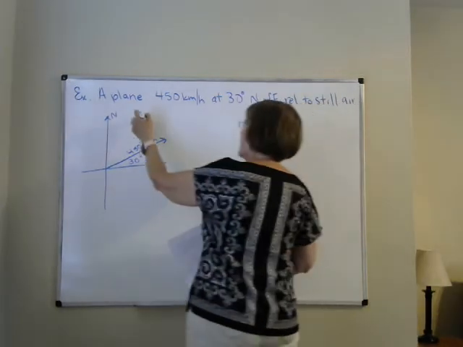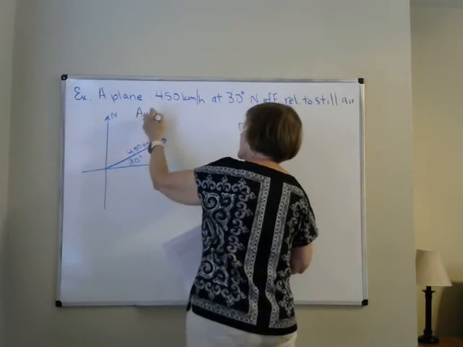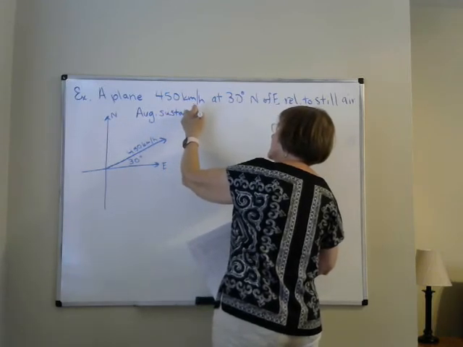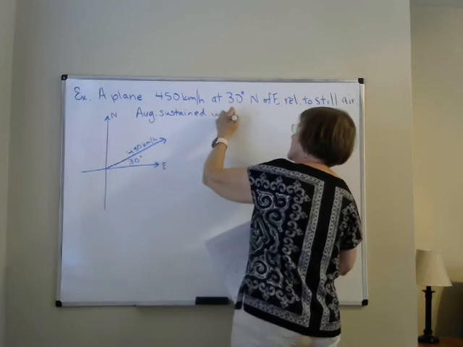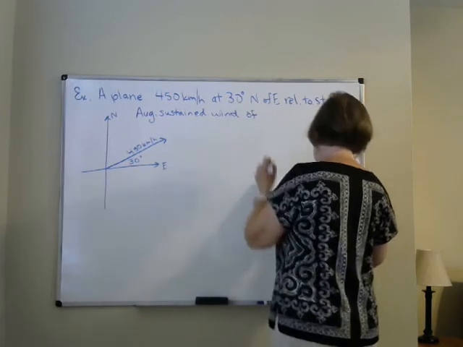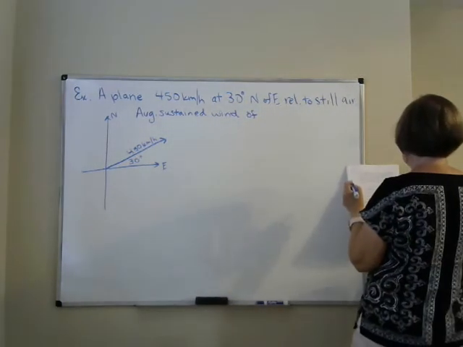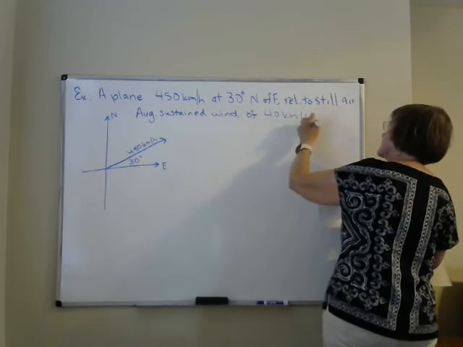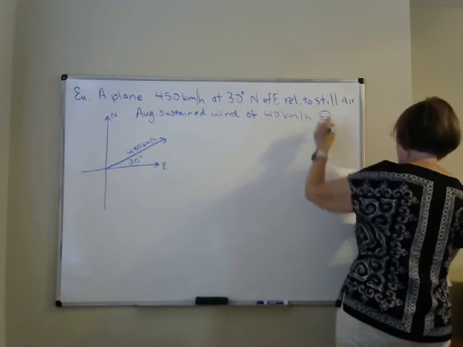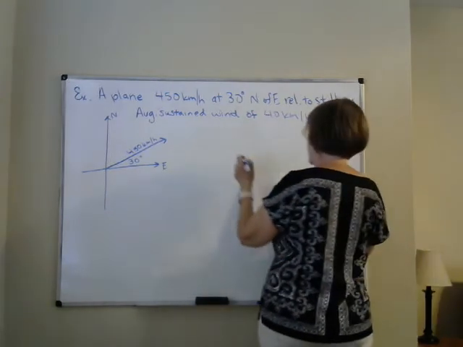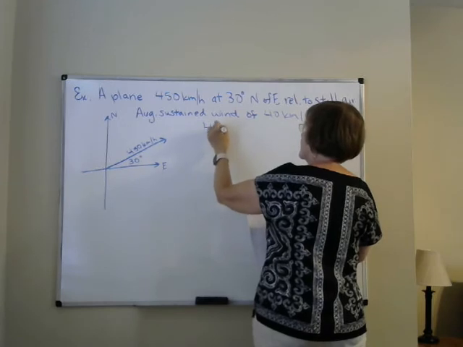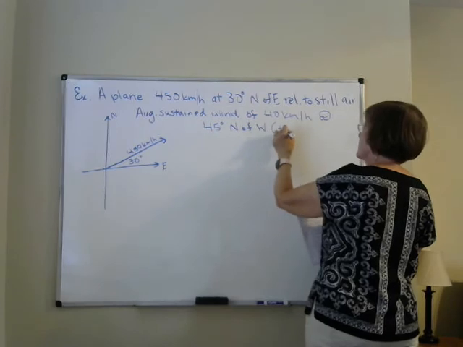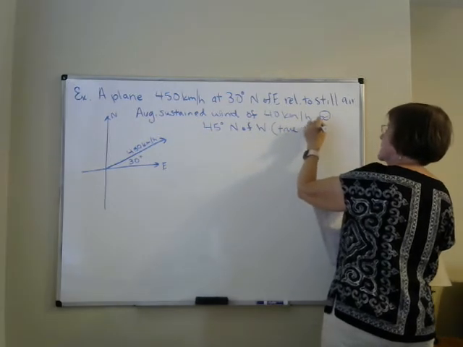But suppose we have an average sustained wind of 40 kilometers per hour at 45 degrees north of west. That's basically true northwest.